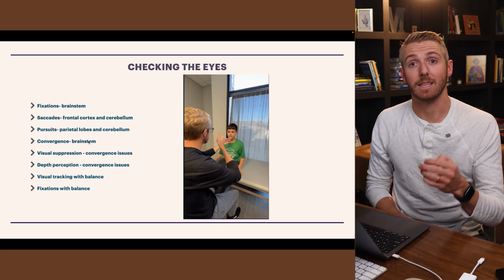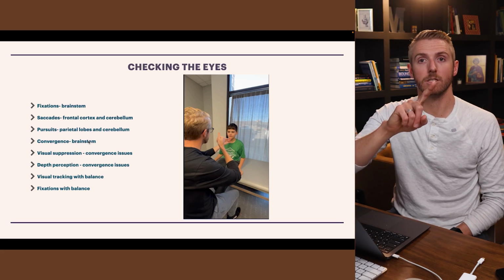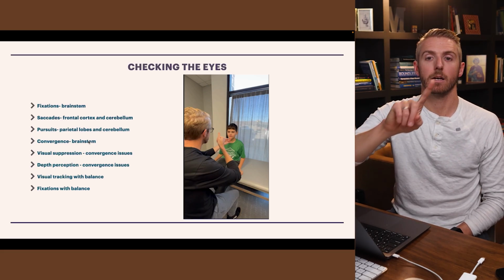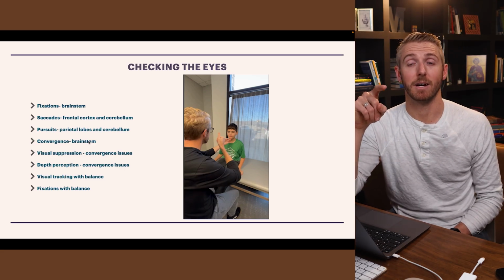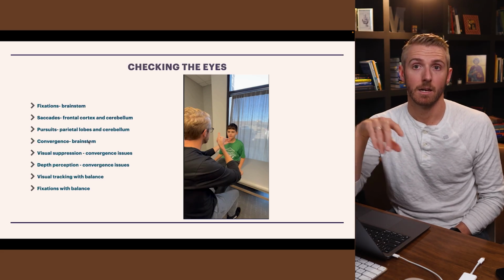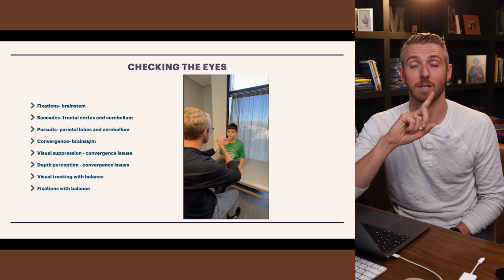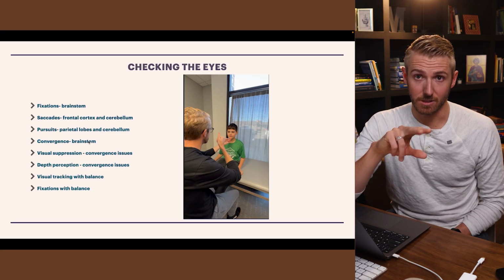So if I'm trying to activate the left cerebellum, I can do those eye movements. I can say, hey, I want you to follow my finger up into the left, down into the right, straight horizontal. Now I've just reflexively activated my vestibular system with my eyes because they're linked. So if I move my eyes in those planes, I'm activating that aspect of my vestibular system. Or, here's a weird thought.